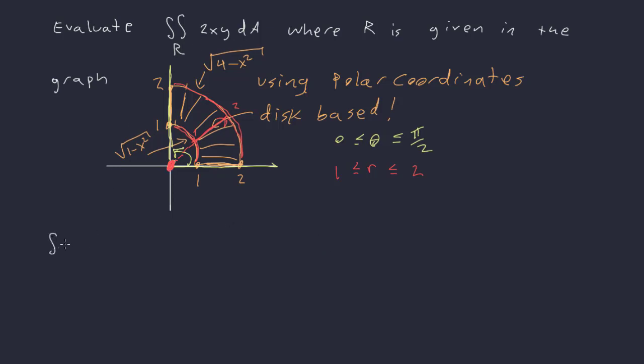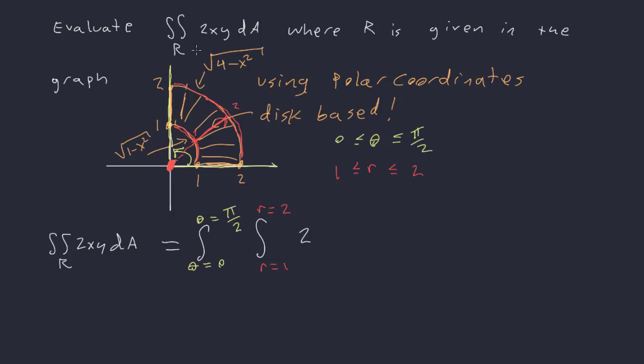So this double integral becomes, well, the limits are theta goes from 0 to pi over 2, and r goes from 1 to 2.